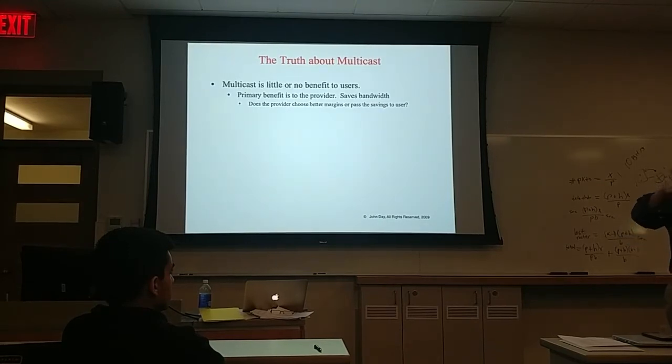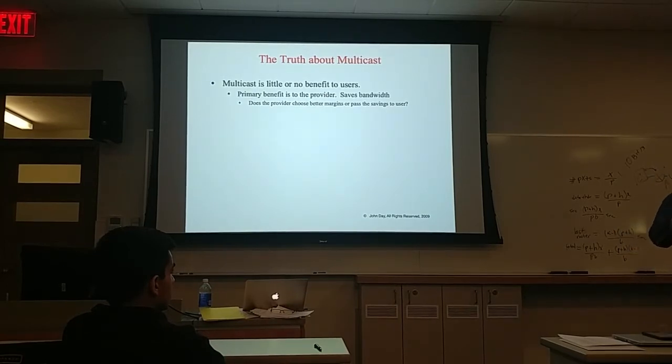Because it's going down the tree and it's only being replicated at the branches of the tree, so the whole network's not seeing all that load. So this is an advantage to the provider. He can support sending n packets to n guys without actually having to send n packets over his whole network.